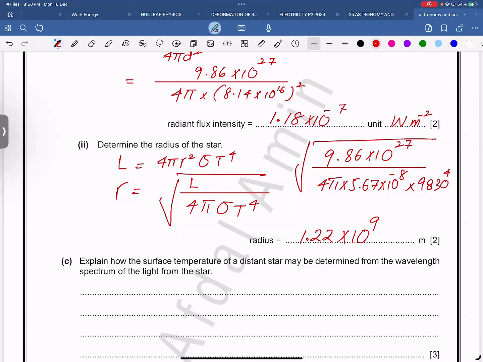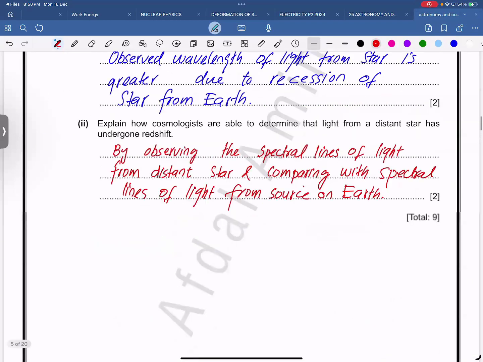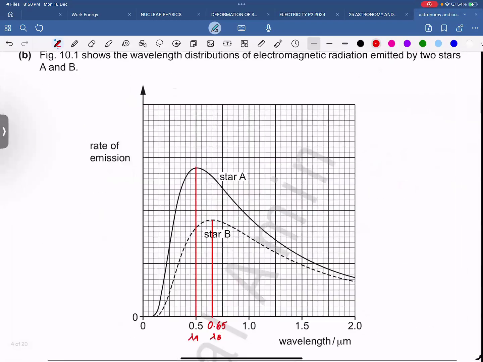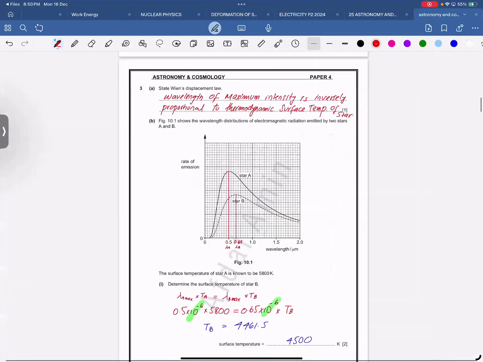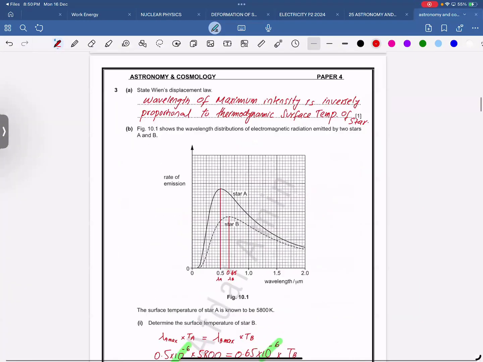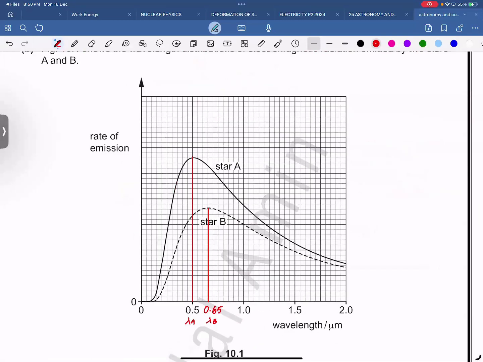Explain how the surface temperature of a distant star may be determined from the wavelength of the spectrum of light from a star. Actually, we did this a while ago. This is the method. How did we find the surface temperature of this star? Number one, we plotted their intensity and wavelength graphs of the spectrum.